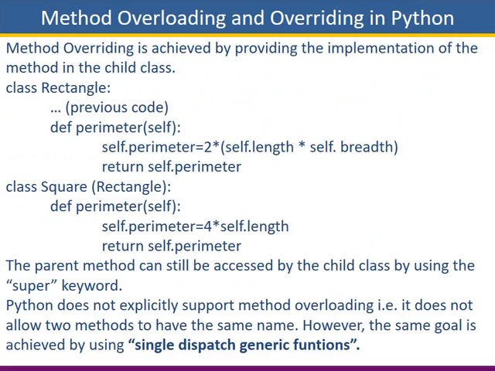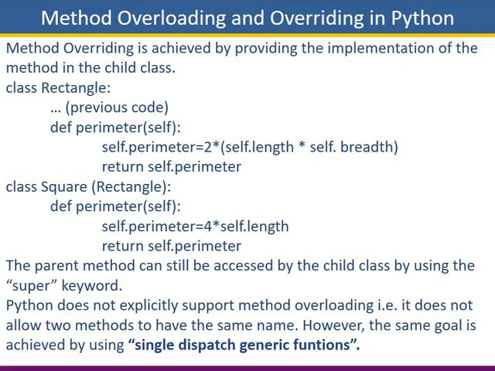So with the example, method overriding is achieved by providing the implementation of the method in the child class. We have not finished with method overriding, so we'll be going back to the same example code. We have the class Rectangle as the parent class, and the subclass, which is the child class, the class Square, inherits the method and property from the Rectangle.